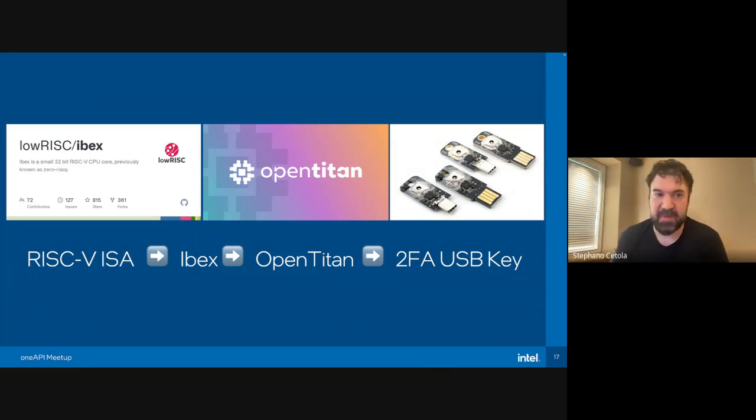OpenTitan was a project that came out of Google. It's based on a core, the Ibex core, that was created by lowRISC, a nonprofit organization. This core is completely open. You can go and view it on GitHub. OpenTitan itself is an open source project that creates a platform, and one could take that platform and go build a two-factor authentication USB key with it. It's essentially a TPM interface.